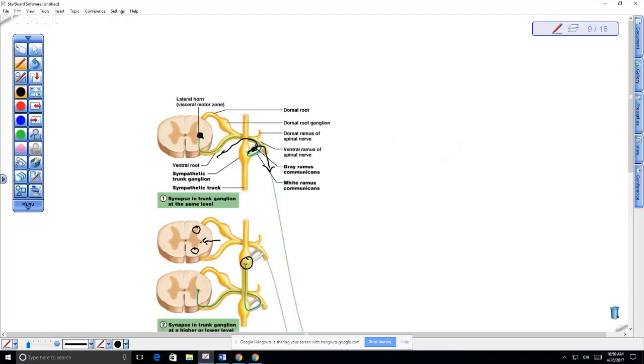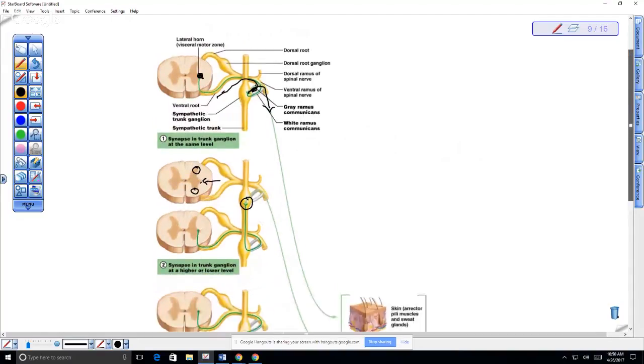The interesting thing is that sometimes they travel up or down and can come out of another region of the spinal cord ganglia. So this one comes in, goes all the way up, exits out here and then goes out to the body. So sometimes they travel from one ganglia to another.